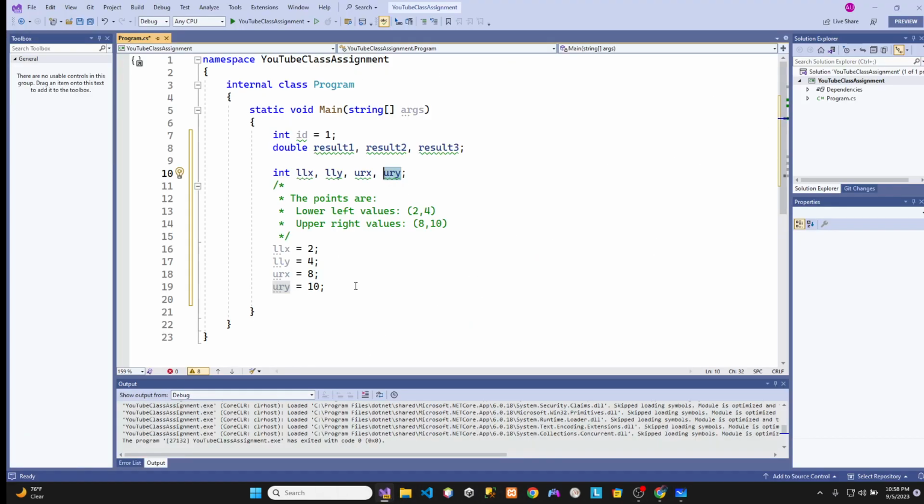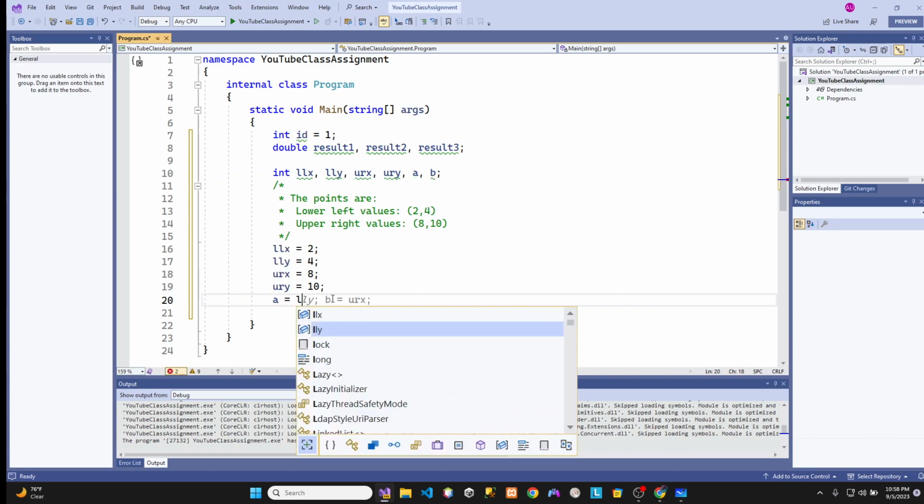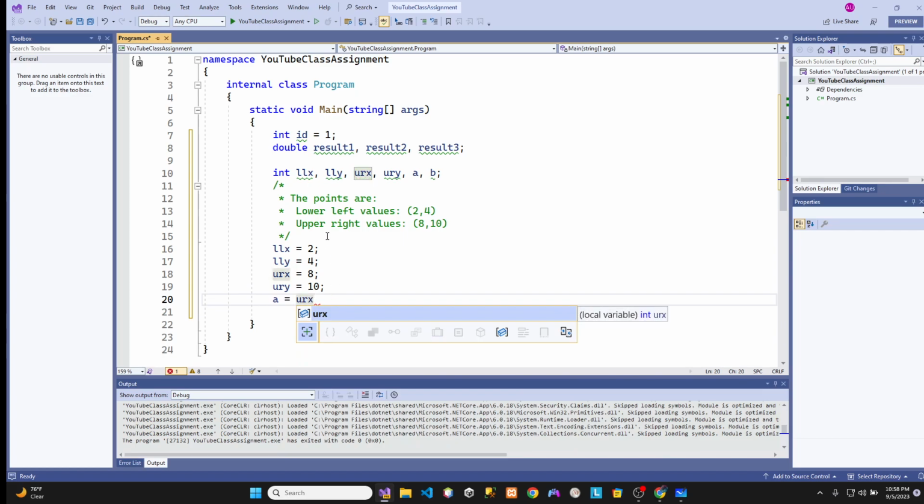We go to our Visual Studio, and we also define two other variables called x and y, or we can just say a and b instead. A is equal to urx, because urx is the x2 value and llx is the x1 value, minus llx.